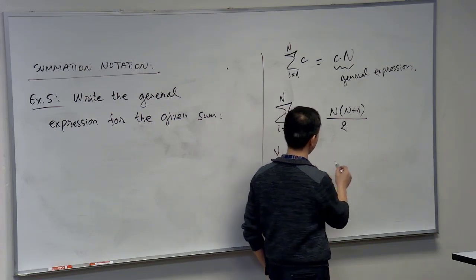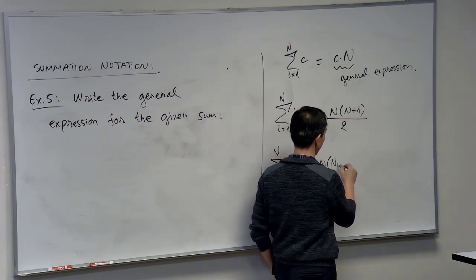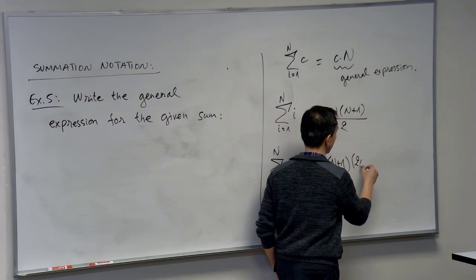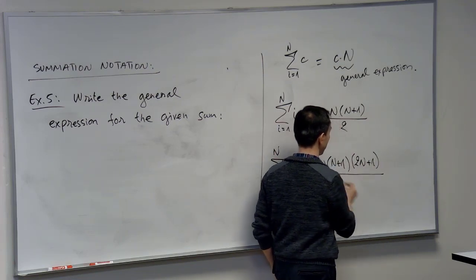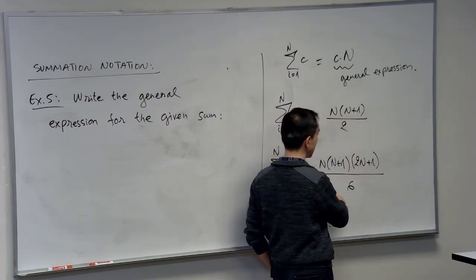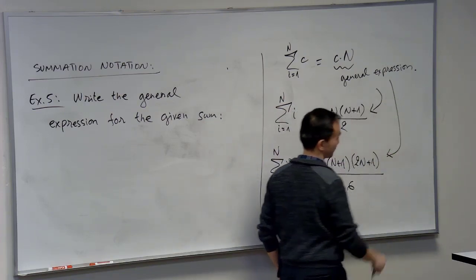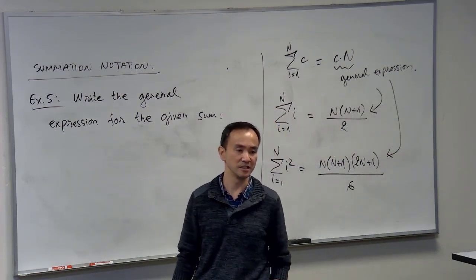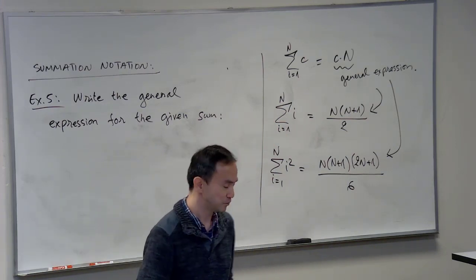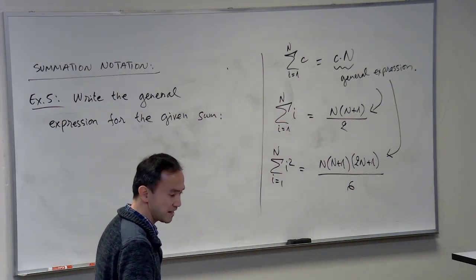Here we're looking at n times n plus 1, times 2n plus 1, and we divide that by 6. That's another general expression right here. For these, you can get the sum done without adding up the terms.